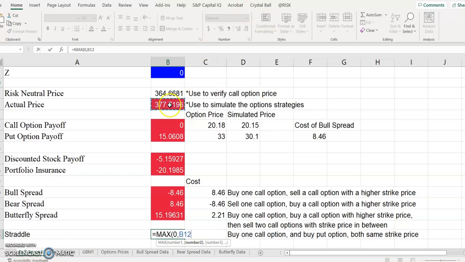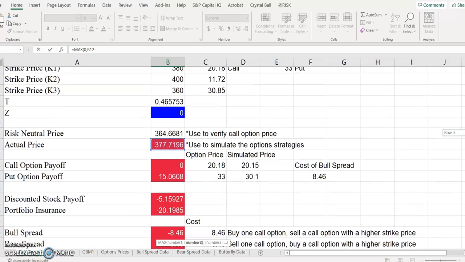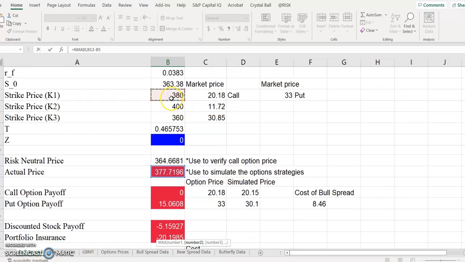That'll be the actual simulated price of the stock minus the strike price, which is 380. And then we discount that at the risk-free rate times the time to expiration. And then we're paying the market price of that option.